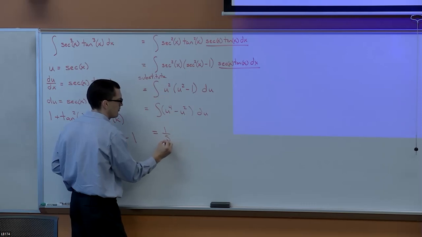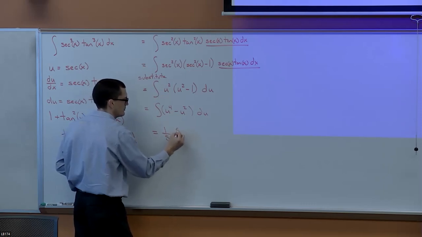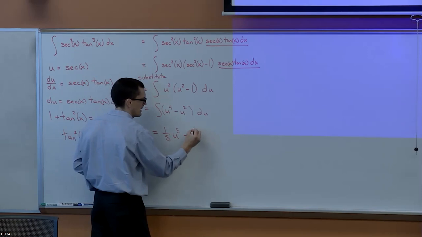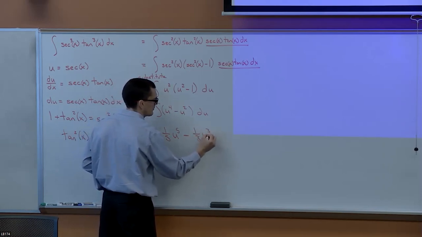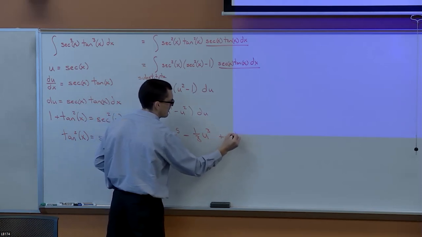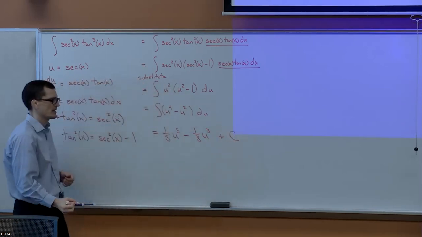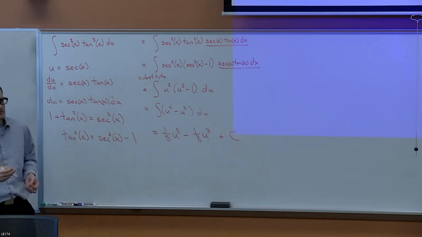When I integrate, I get 1/5 u to the 5th minus 1/3 u to the 3rd plus c. And now I just back substitute, like we usually do.